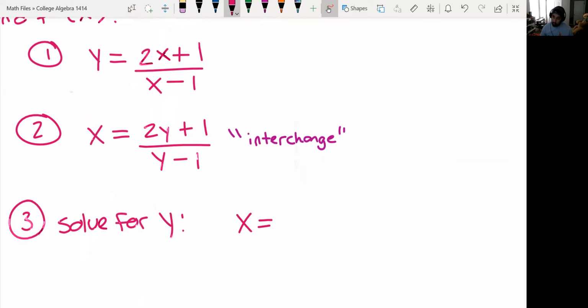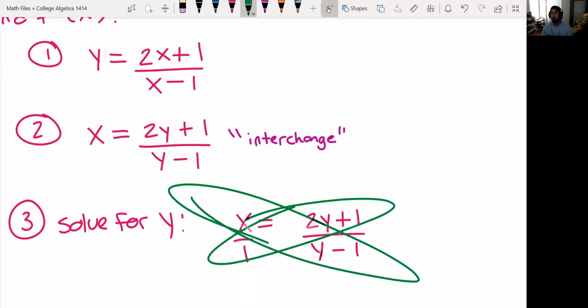So x equals 2y plus 1 over y minus 1. So in order to solve for y, we need to get y out of the denominator. So what I'm going to do is put x over 1, and let's go back to elementary school and cross multiply.